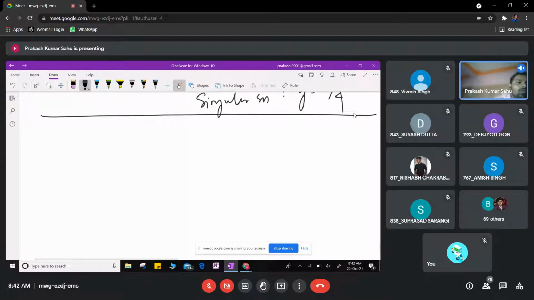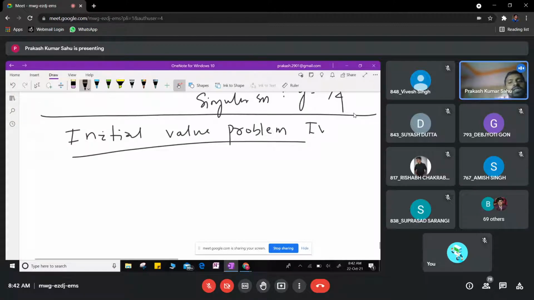Okay. So what is an initial value problem? In short, we can say this is IVP, initial value problem. So an initial value problem means the initial conditions are given.